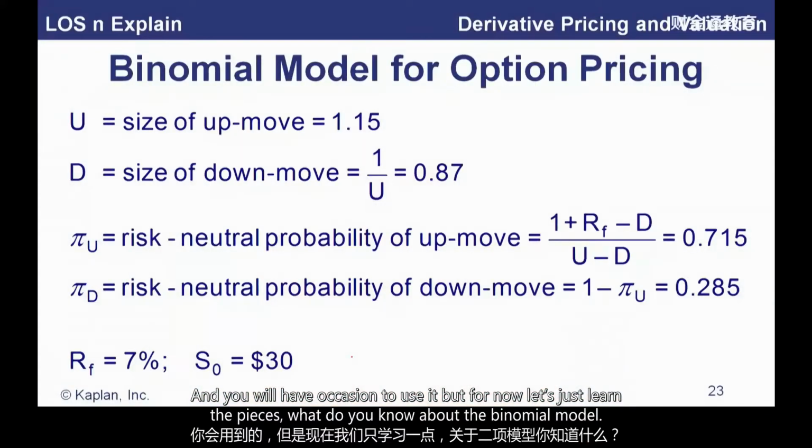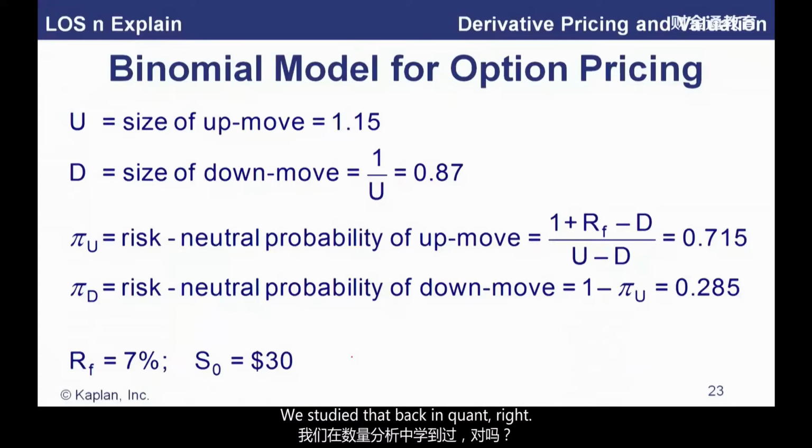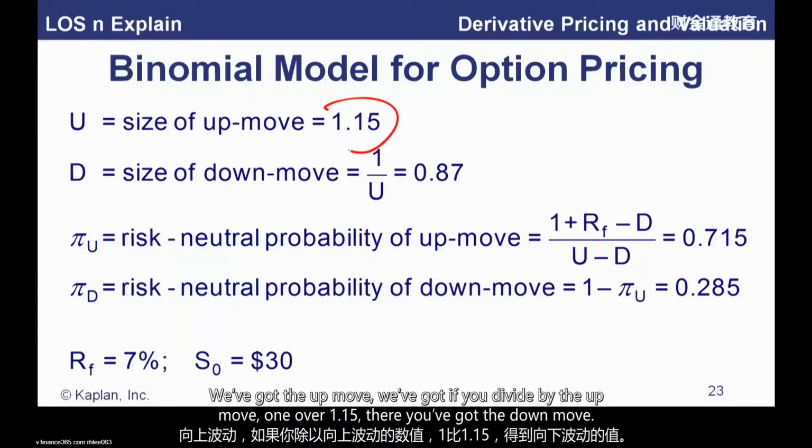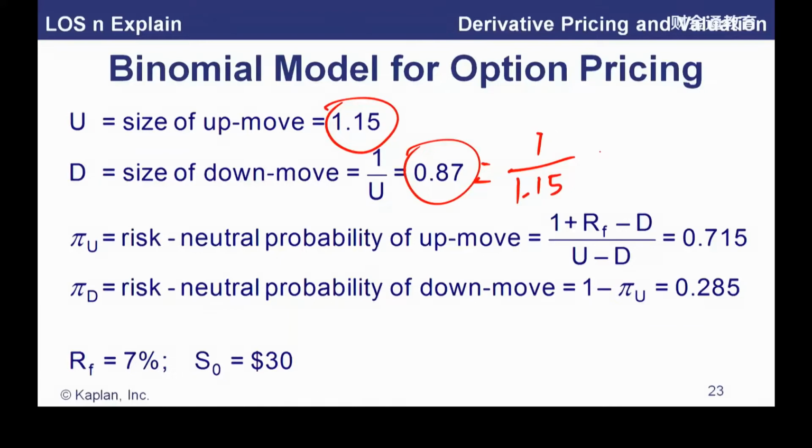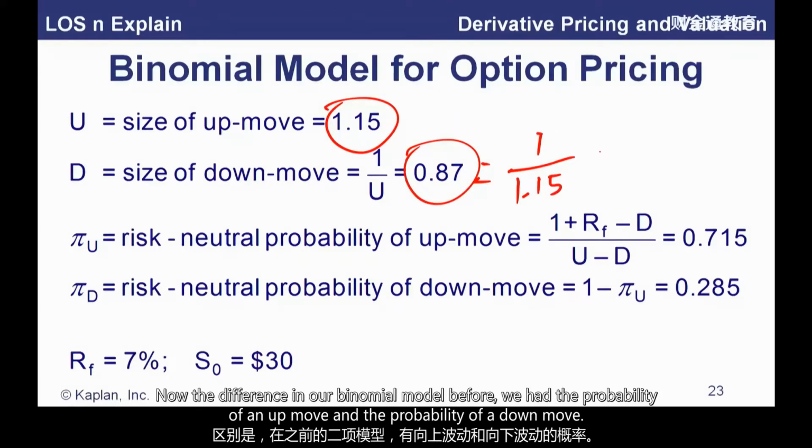Well, you know the binomial model. We studied that back in quant, right? We've got the up move. If you divide by the up move, 1 over 1.15, there you've got the down move. Now the difference, in our binomial model before, we had the probability of an up move and the probability of a down move.